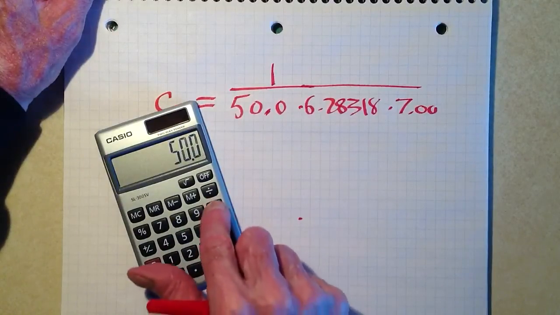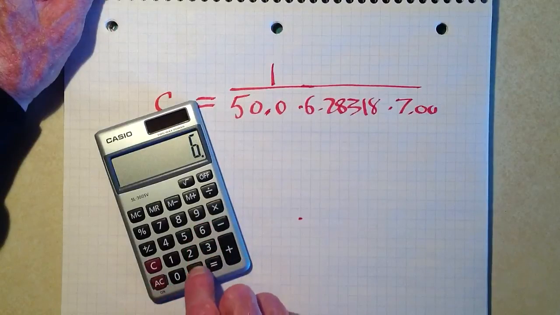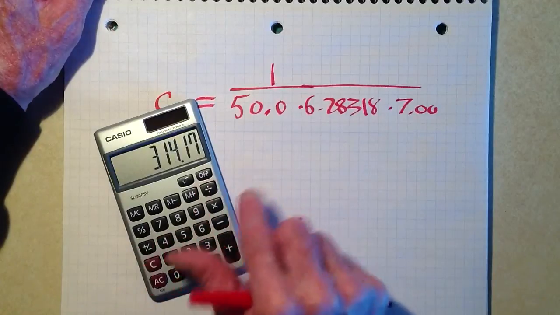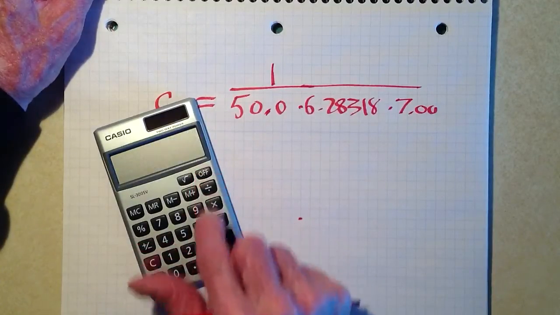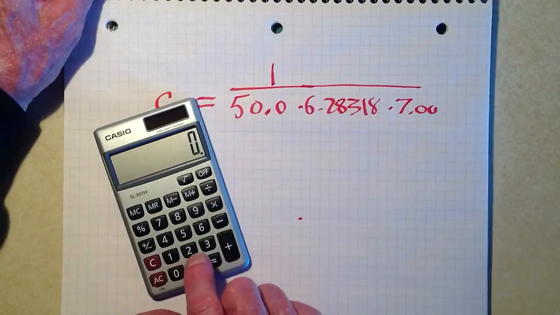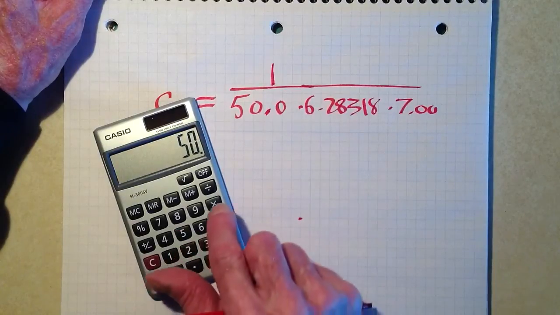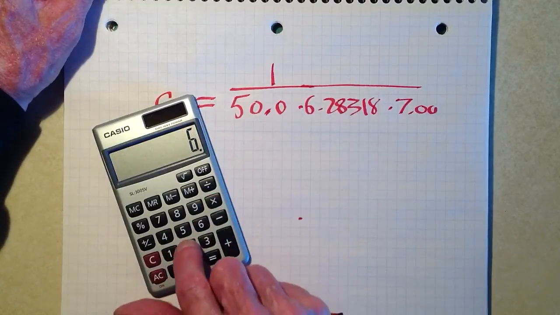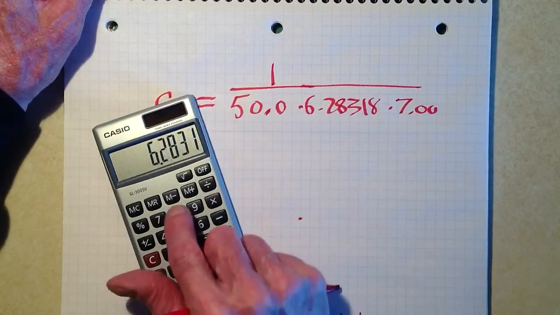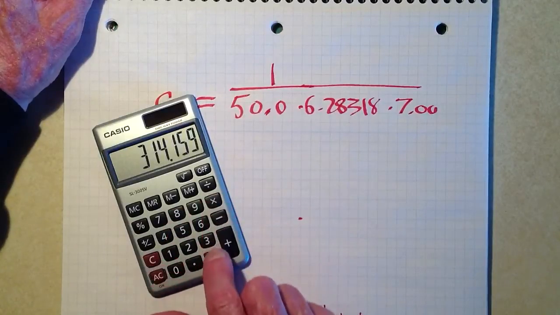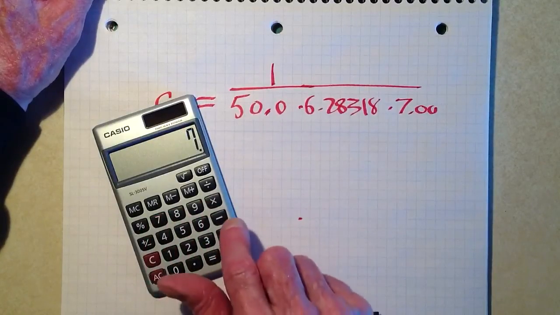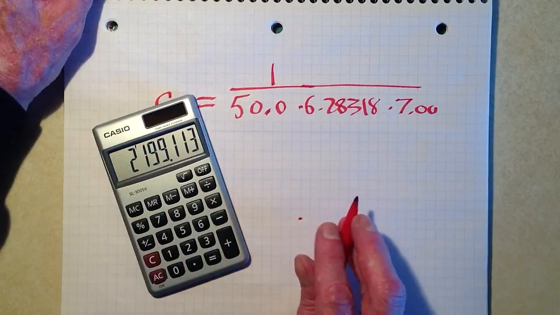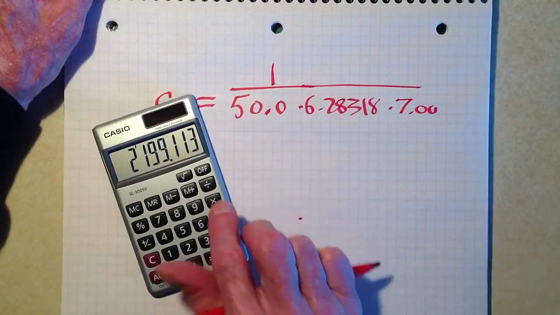50.0 times 6.283. Well, okay. I've had plenty of Diet Mountain Dew. I don't know what's going on here with this. 50.0 times 6.28318 times 7.00 equals 2199.113.